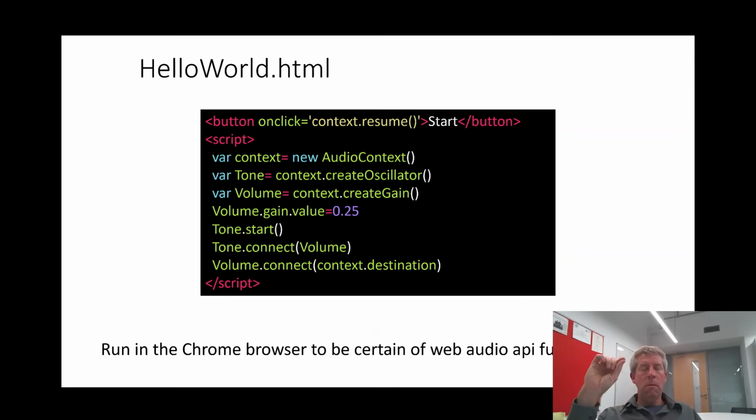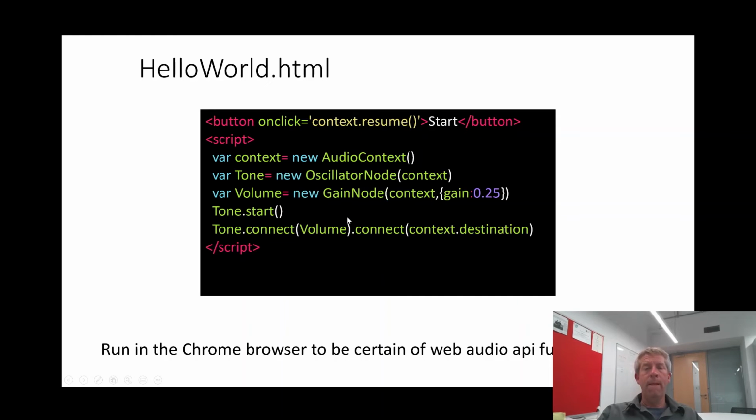We can make that a little more complicated by adding in a connection. In the example on the previous page, the tone started, but there was no adjustment to it. Now we will create a gain node, call it volume, and set the gain of that node to 0.25. And we can write the same thing in a slightly different way. Two things were done here.